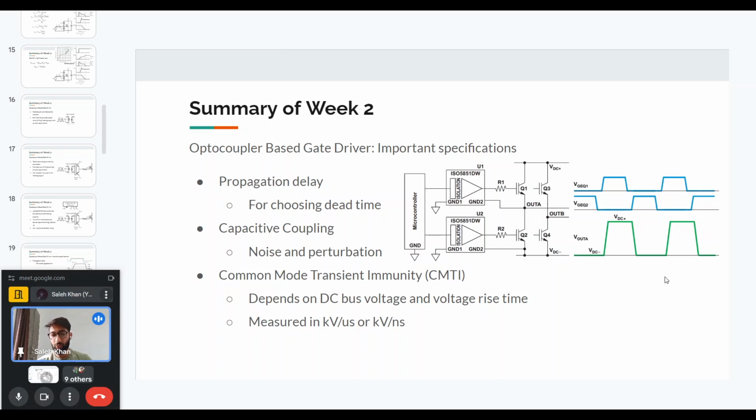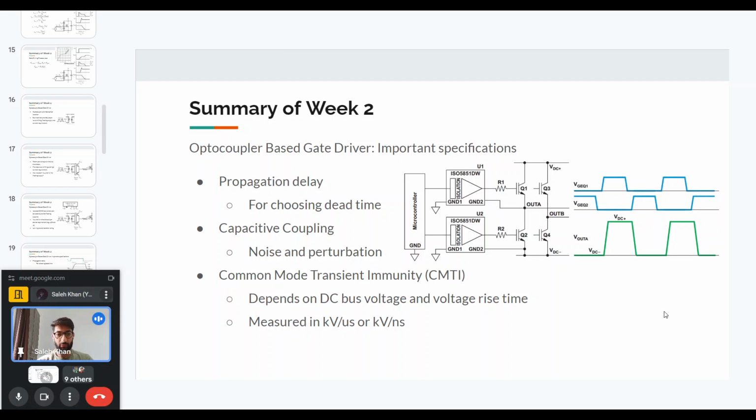The gate driver should be able to handle that transient. So it depends on the VDC voltage as well as the voltage rise time and fall time, and it is measured in kilovolt per microsecond or kilovolt per nanosecond, and you will find it given in the data sheet of the gate drivers.